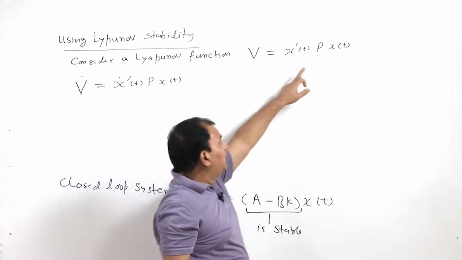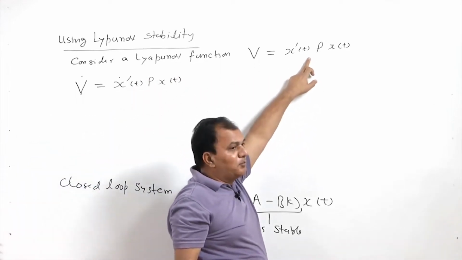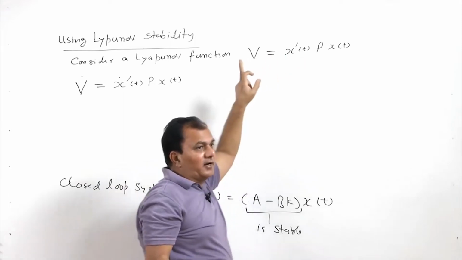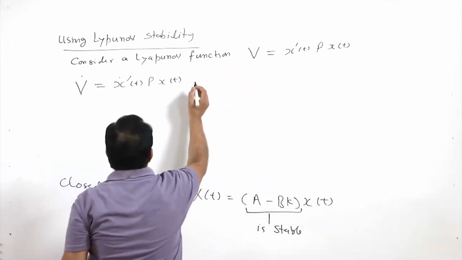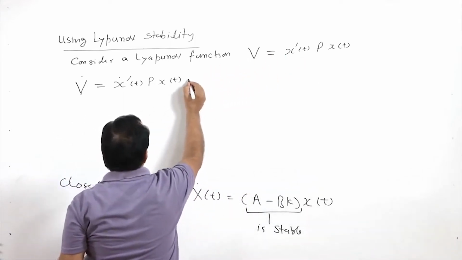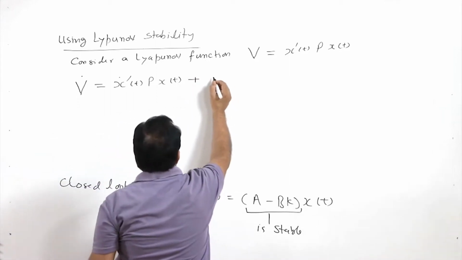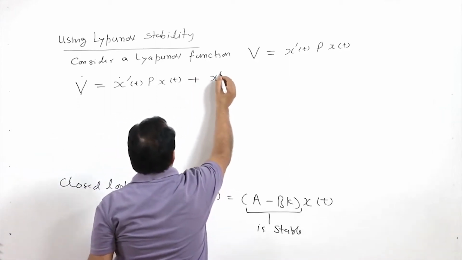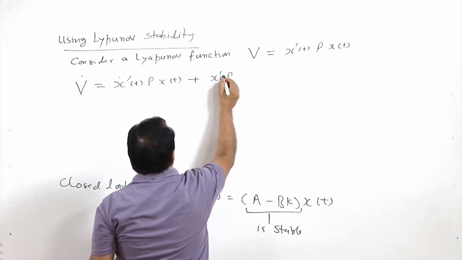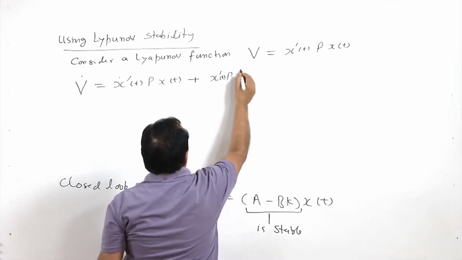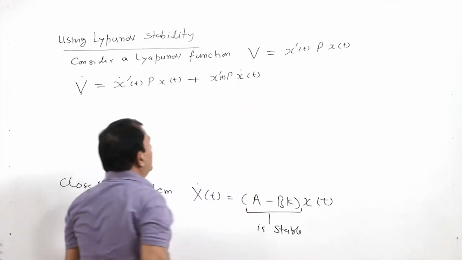Differentiating, considering P is a constant matrix, there is no derivative for P, that will be 0, plus x prime P x dot of t.